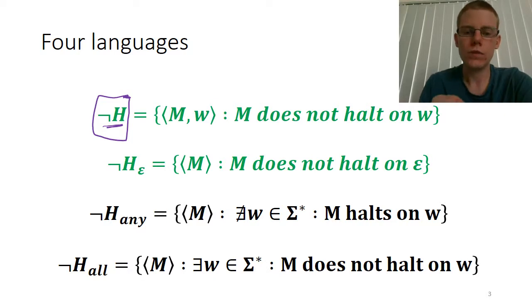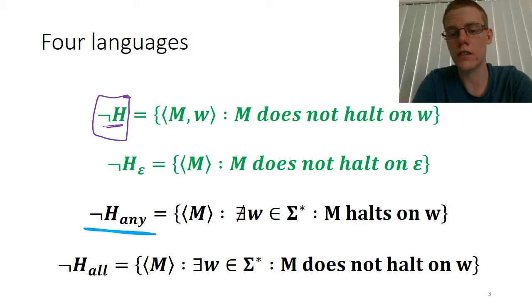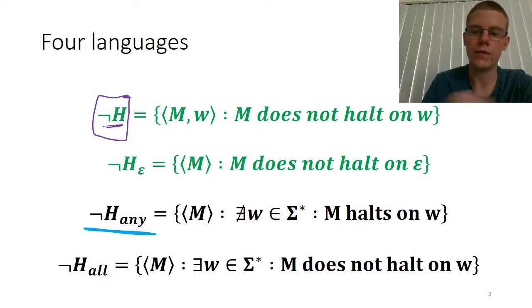Now, in this video, we will only discuss this language here, and we'll show 2 methods for showing that it is not semi-decidable. One of those methods is simple enough that it immediately proves for all 4 of these languages that they are not semi-decidable.